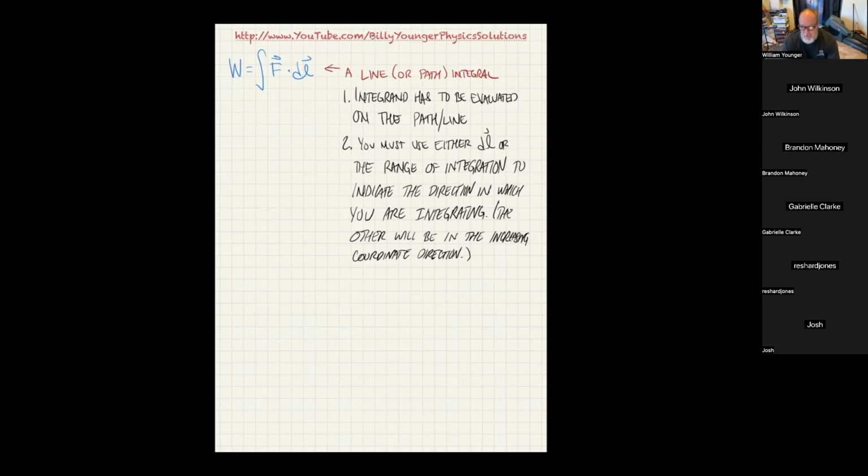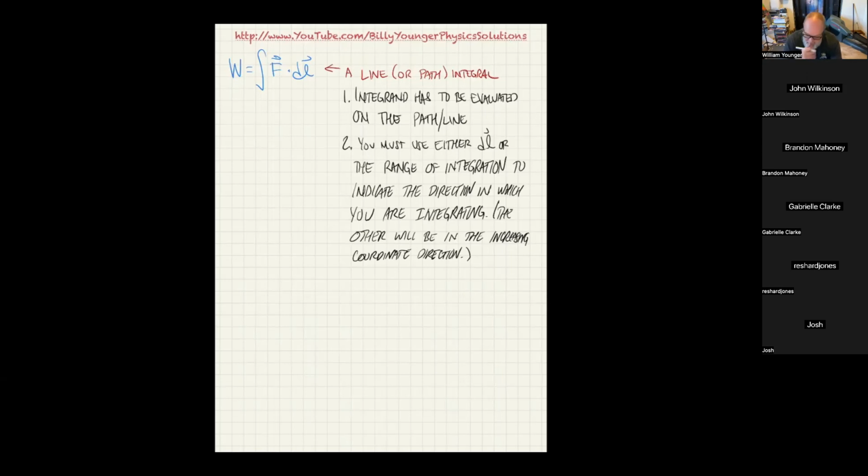That just happened to work out that way. If you happen to be integrating from x equals 5 to x equals 0, then you either put DL is equal to negative dx i hat and you integrate from 0 to 5, or you integrate from 5 to 0 and you put DL as dx i hat.